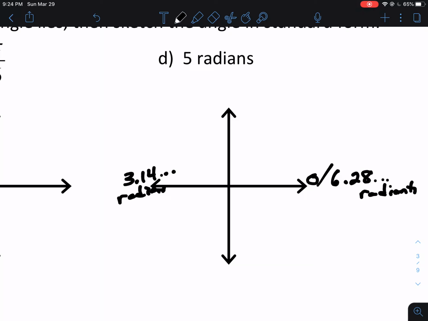And then if you think about what would be halfway in between those numbers, probably the easiest way is to add them up and divide by 2. That would be 4.71 radians here. 5 radians is just a little bit past that. And again, we're measuring it in a positive direction, so we'll go around counterclockwise like so.